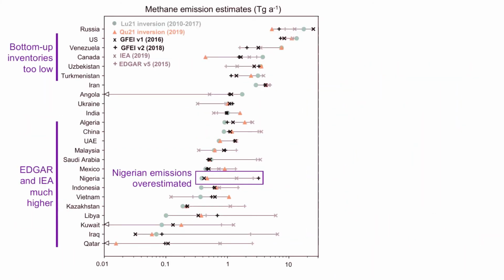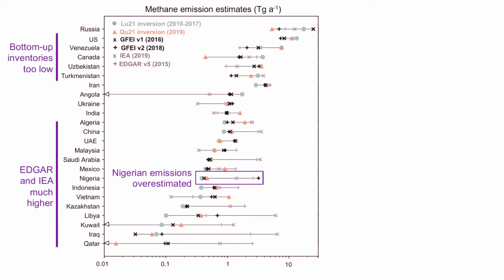Zooming out, now I'm showing more countries for the same plot setup, but I've also added the IEA estimates. This is the International Energy Agency, and they provide country by country oil and gas emission estimates. I've also added EDGAR, and it's not important to distinguish between the two, but they're both shown in gray.